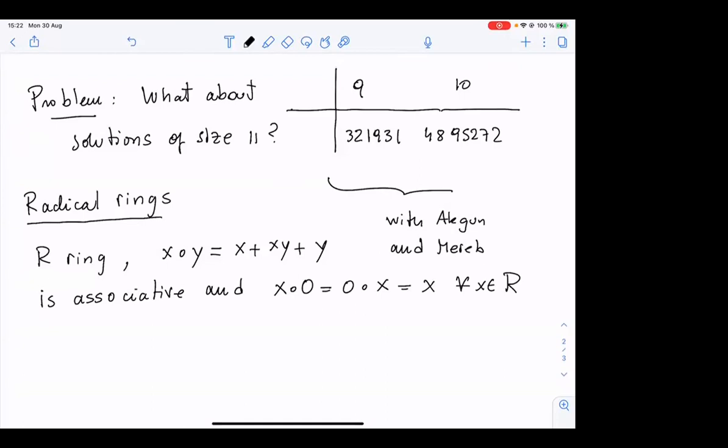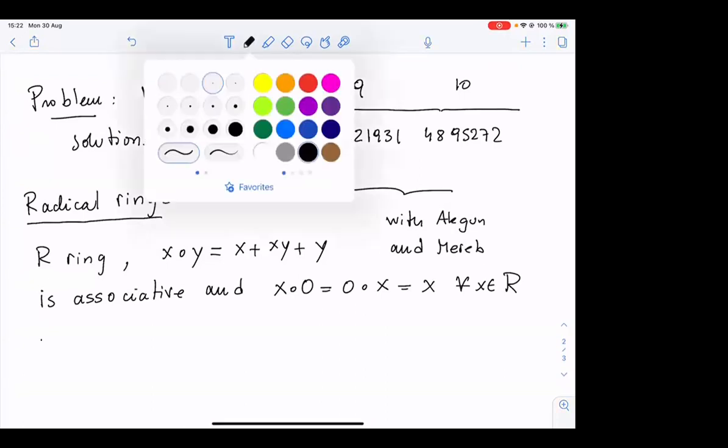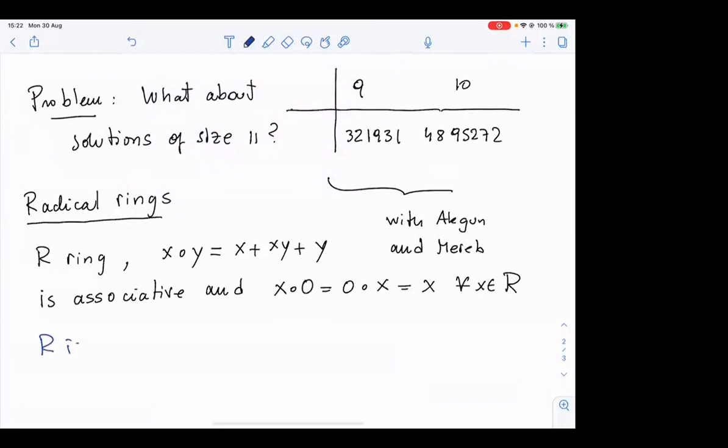Okay. And we are going to say that R is a radical ring if and only if, this is a definition, R with this circle operation is a group.